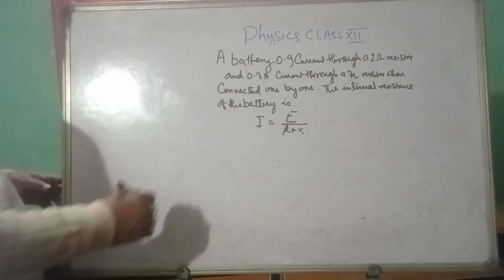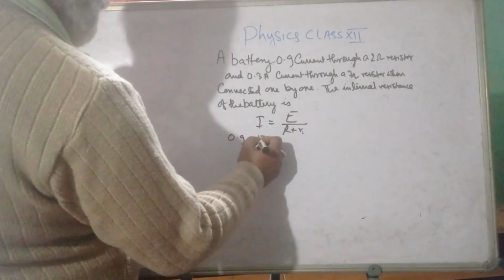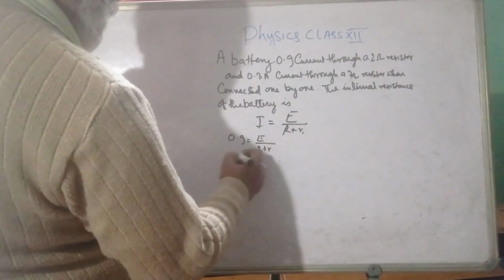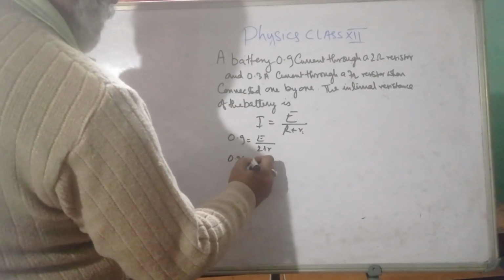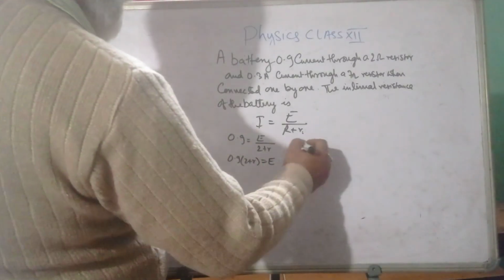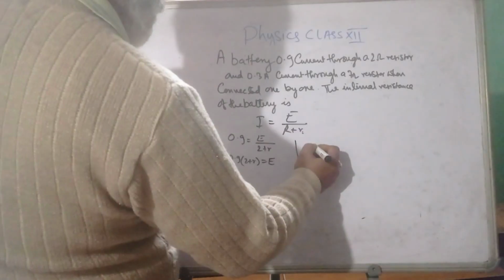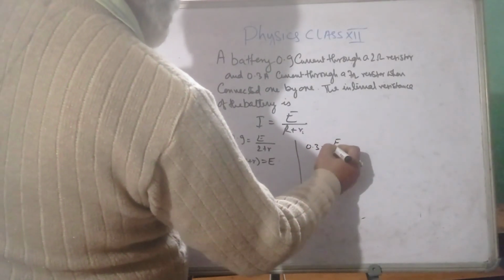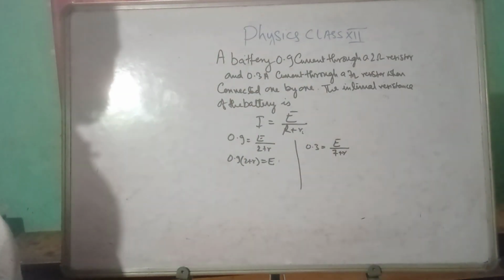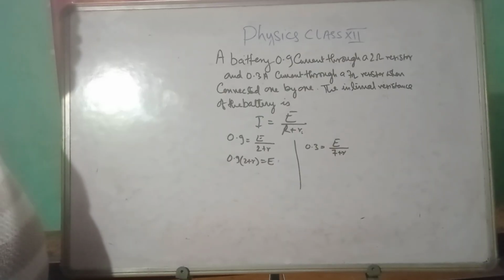For the first case, 0.9 = E by (2 plus r), so 0.9(2 plus r) is equal to E. And for the second case, the current is 0.3, that is equal to E by (7 plus r), because it is the same battery.